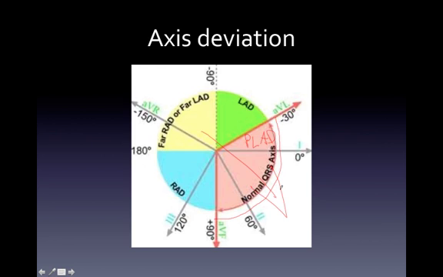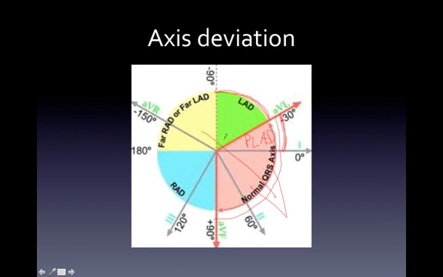We give a 30-degree variance, which is into the negative numbering, that someone can have electricity traveling that direction and still be normal.